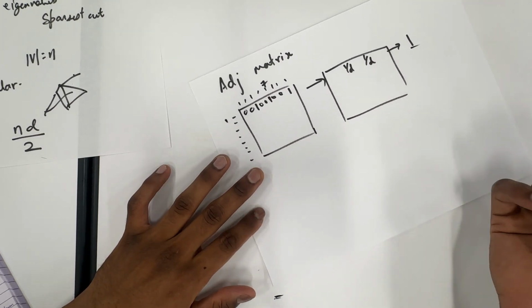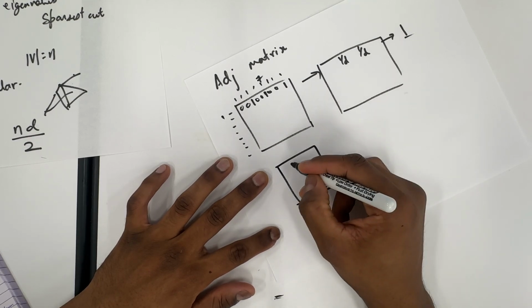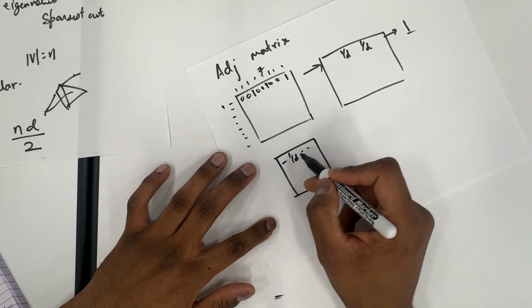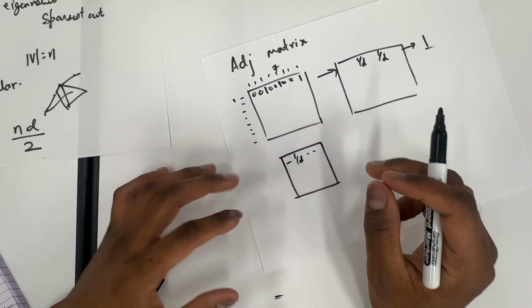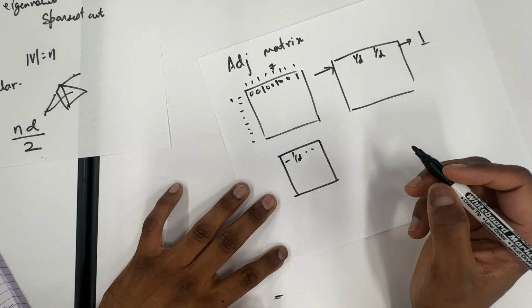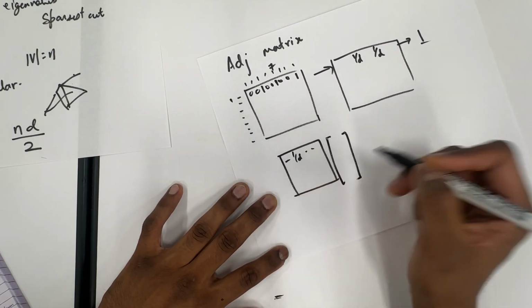So let's see what this adjacency matrix is. This is a matrix which has some values as 1 over d and some are 0. Every row has precisely d elements which are 1 over d, and the rest are 0. What happens if I multiply a vector with this adjacency matrix?